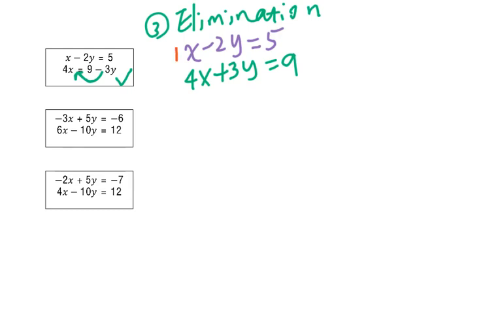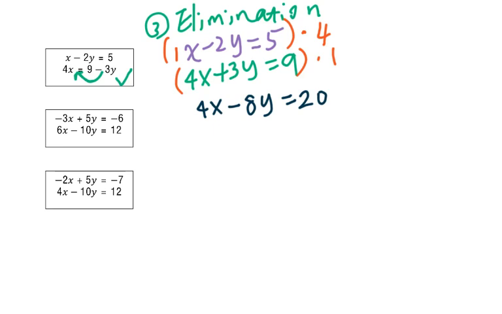Since we want to create the same variable or the opposite variable, for the first one I multiply by 4, second one I multiply by 1. And I will get 4x minus 8y equals 20. The second one, I got 4x plus 3y equals 9.